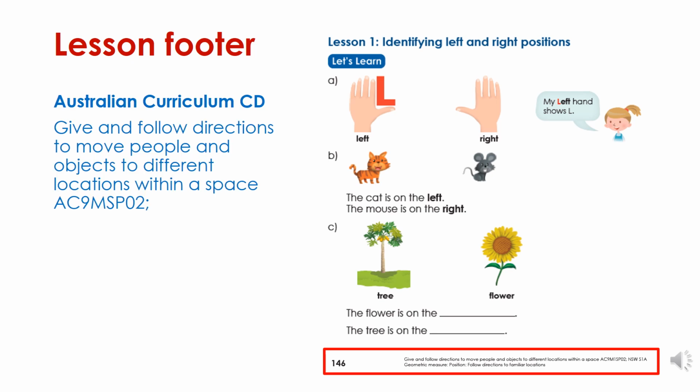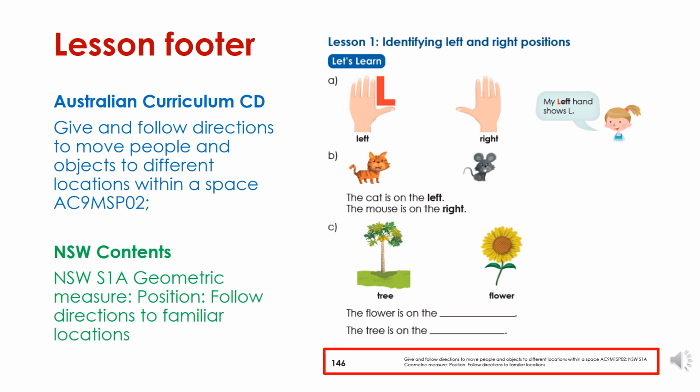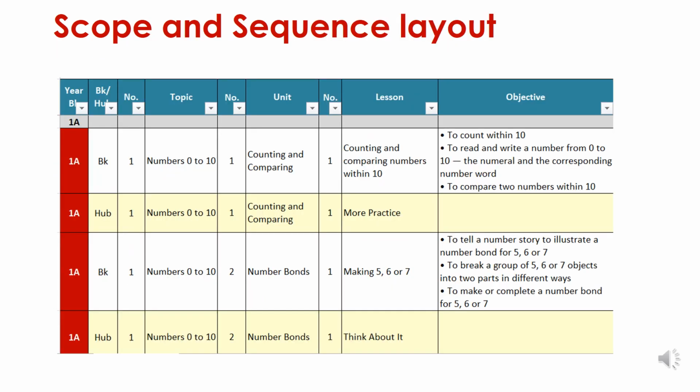In the footer, first content descriptions from the Australian Curriculum version 9 are listed. Then the content headings and subheadings from the New South Wales syllabus are identified. So let's take a look at the scope and sequence.